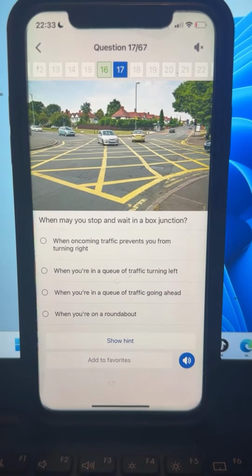How about this one? When may you stop and wait in a box junction? You're stopping and waiting. Waiting for what? What's the exception?